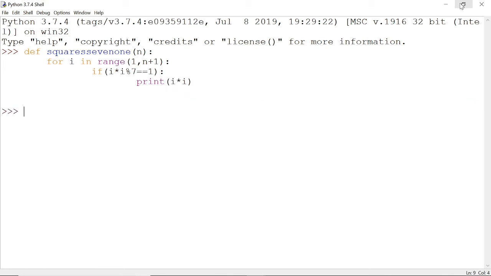Now, in order to run this, I need to say squares7one, which is the name of my function, and then say what I want it to go up to. So let's just go up to 20 this time. So it's gone all the way up to 20 and it's found all of the square numbers, from 1 squared up to 20 squared, that are one more than a multiple of 7.